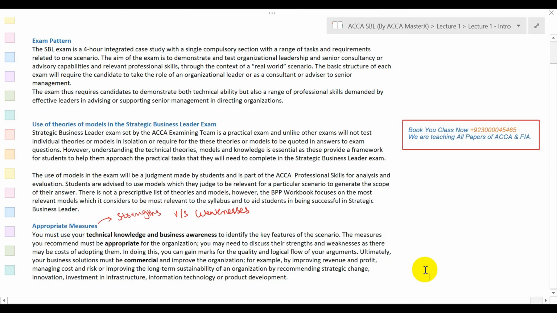And to protect it, you may need to invest in infrastructure for better technology to avoid pollution or innovate something, and recommend a strategic change to improve the long-term sustainability of the organization.